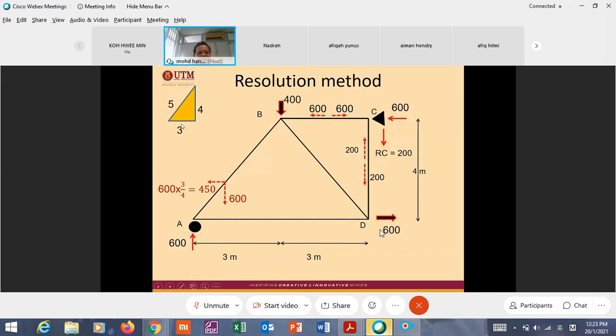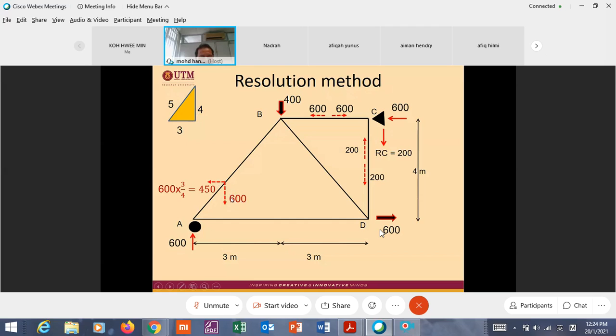3 is the distance of this component, and 4 is the distance of the force here, 600. So when it is 600 and 450, there must be a force here so that it becomes equilibrium.